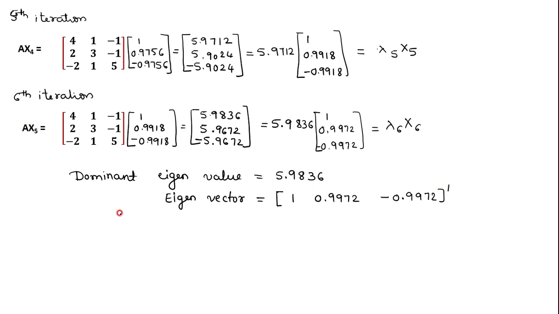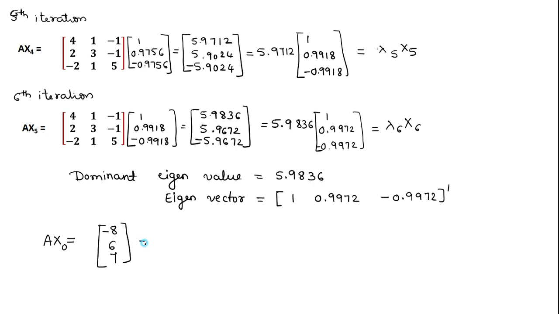Now in this method, one more point we need to remember is that when we are taking the largest element as common, we should take the numerically largest element. Suppose that after the multiplication of A with the initial approximation of the eigenvector, we get something like minus 8, 6 and 7.